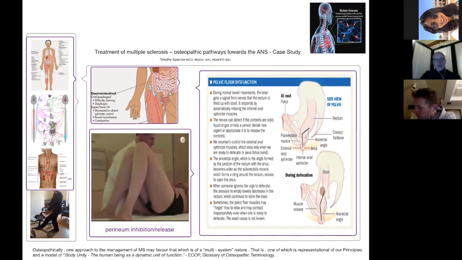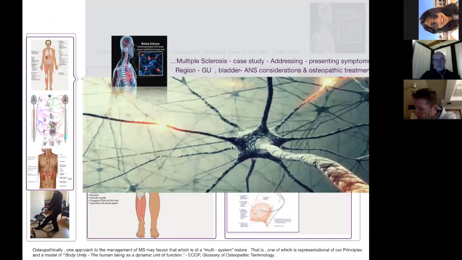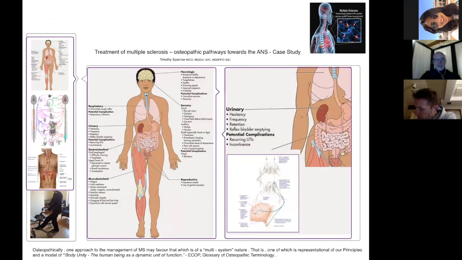Okay, so I'm going to go on from here. Again, there are other modalities. We've got to consider the fact that quite often when there are changes in motoric function, we get changes in the autonomic balance within the function of micturition.